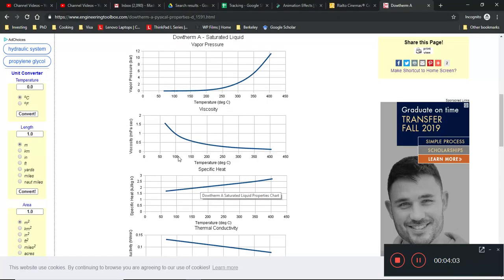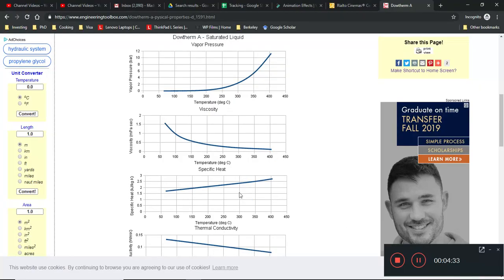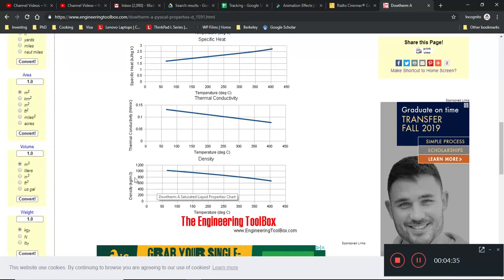So what is mu? We don't have 30 degrees data, so I'm just going to take about 1.6 millipascal seconds, 1.6 times 10 to the minus 3 Pascal seconds. We could extrapolate it, but I don't want to. And let's look at the density.